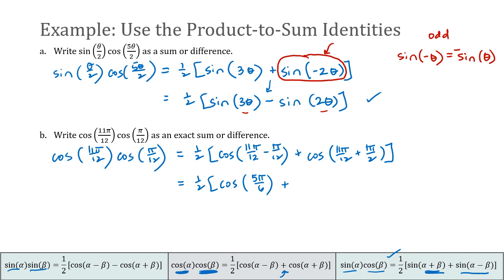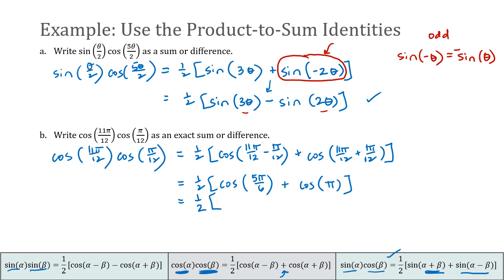For the second piece, 11 pi over 12 plus 1 pi over 12 is 12 pi over 12. So the 12s cancel out and I'm left with pi. That's also one of my special angles. Great. Okay, so let's go ahead and write out what is the cosine of 5 pi over 6.